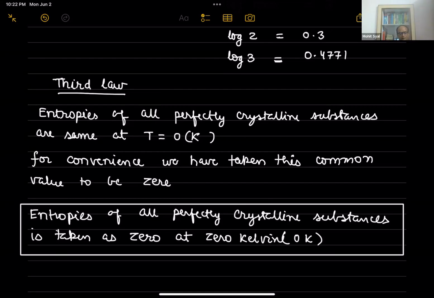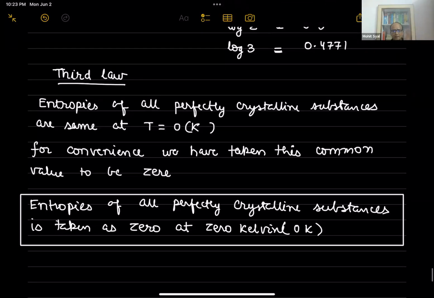How did it come? Just at the starting of this entropy part, we discussed that whenever you heat a substance, what happens to the movement of the particles? What happens to its entropy? It will start increasing.